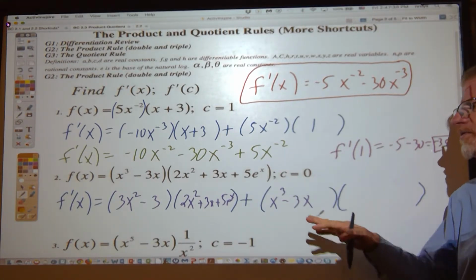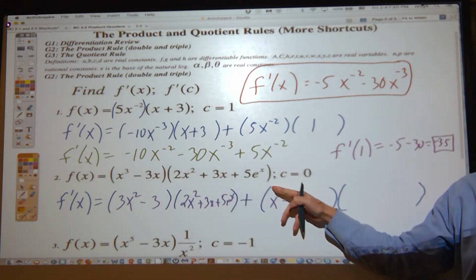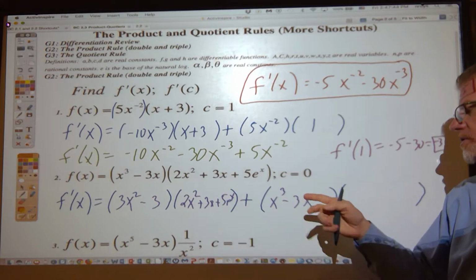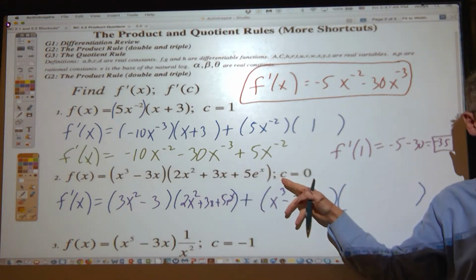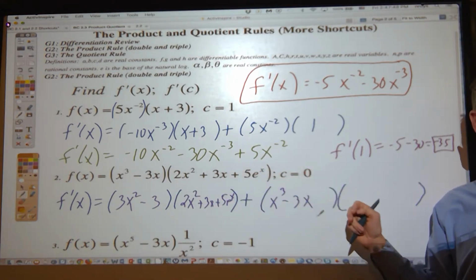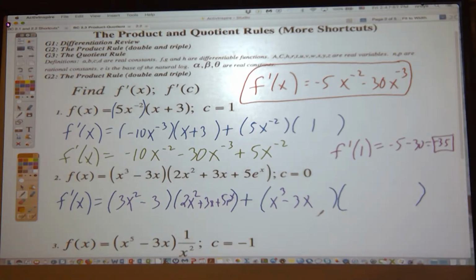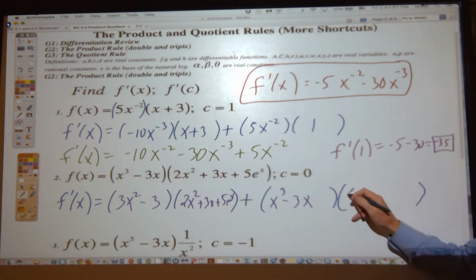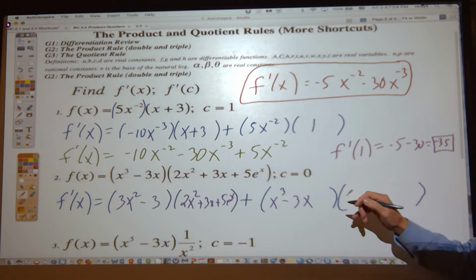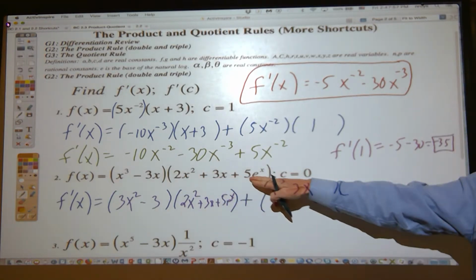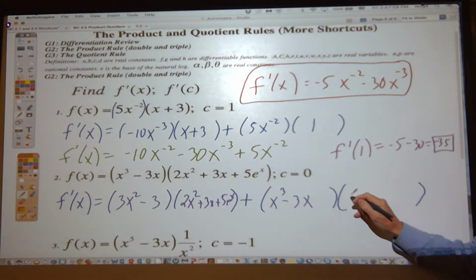What is the derivative of the second function in this product? Help me out with that. Please volunteer to tell me the derivative of the second. All right, Adam, go ahead. What is the derivative of this trinomial? I don't know yet. Working on this.